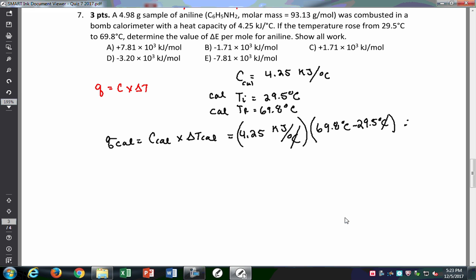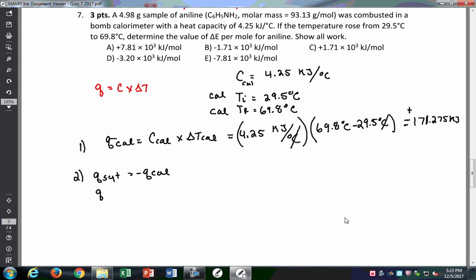So that means we're left in kilojoules. And that makes sense, because we know our heat is typically measured in kilojoules. So that means that our surroundings, our calorimeter, is increasing in energy. But what we need to know is our Q of our system. Our Q of our system is going to be equal to negative Q of our calorimeter, our negative Q of surroundings.